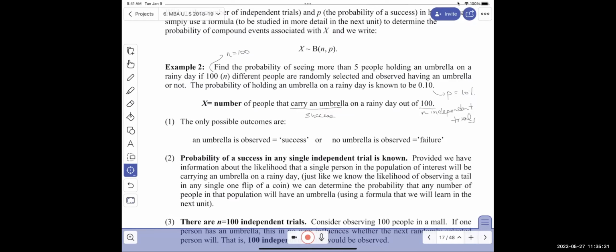Observation or trials. Well, what would it have to be independent? What would have to be the case?